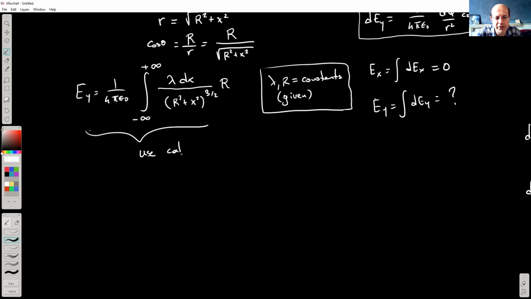Use calculus after that. This is the part that we don't talk about in our course. That's something that you have learned in a different course. The part that we are talking about here is the things that you do when you are preparing this integral. This is the part that physicists usually do.